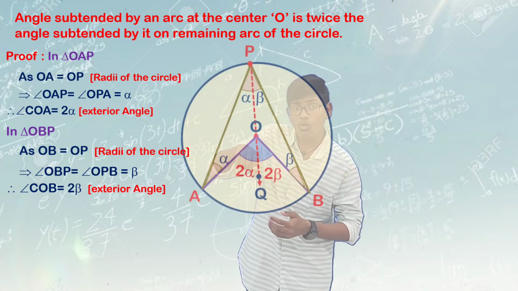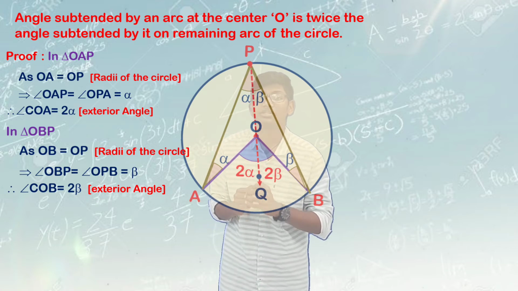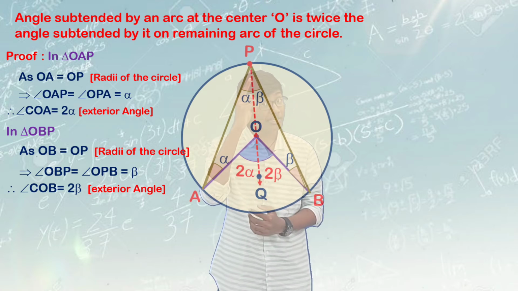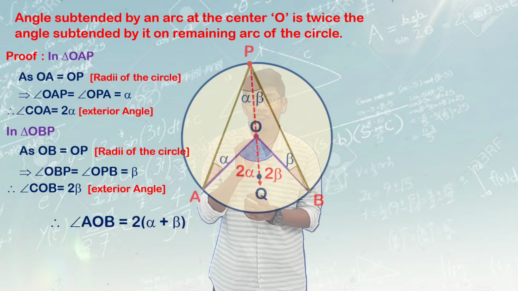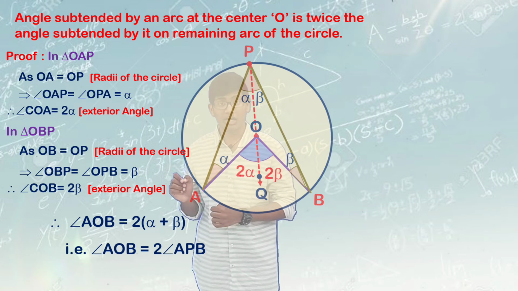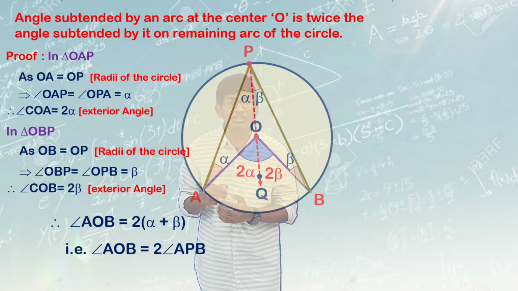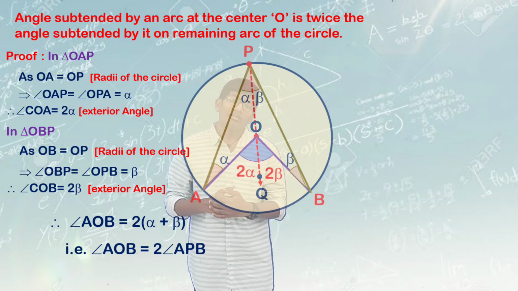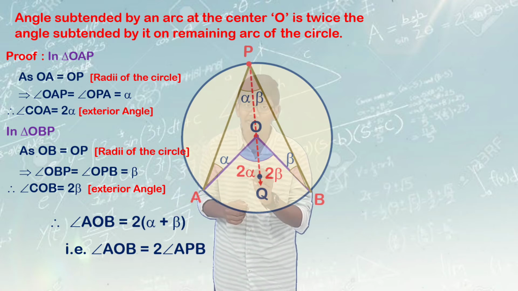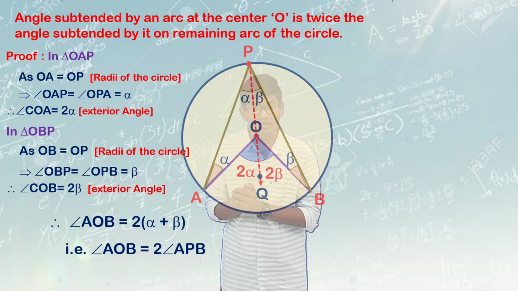Now if we consider the whole angle, you will get 2 times alpha plus beta for angle O, and alpha plus beta is equal to angle P. Hence it is proved that angle AOB is equal to 2 times angle APB.